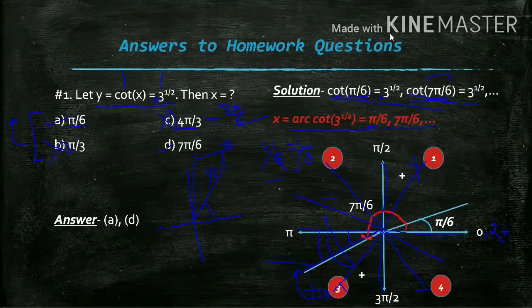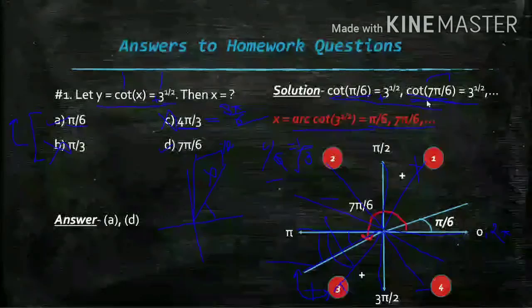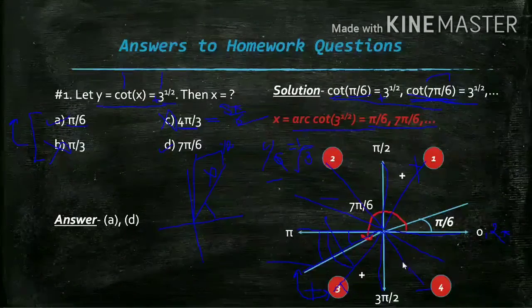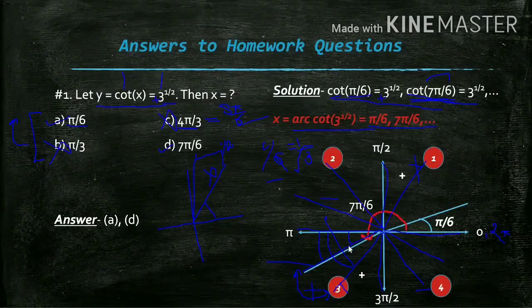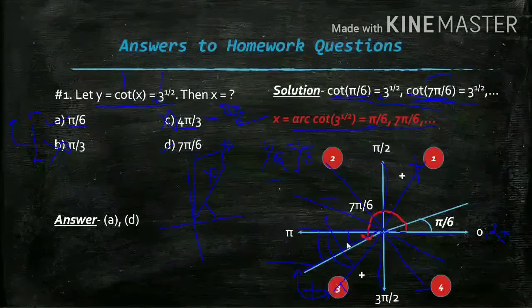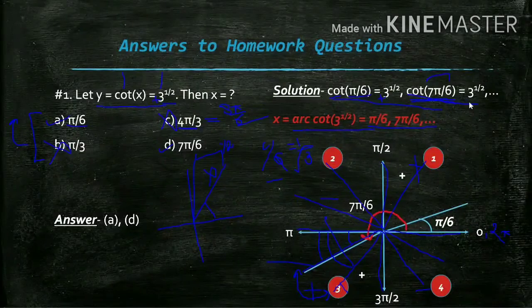You will just write that now in the third quadrant, cot of pi plus pi by 6, which is cot 7 pi by 6, is also root 3. By the trick, cot pi plus pi by 6 is nothing but cot pi by 6, which is root 3.